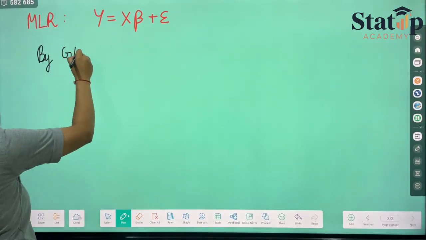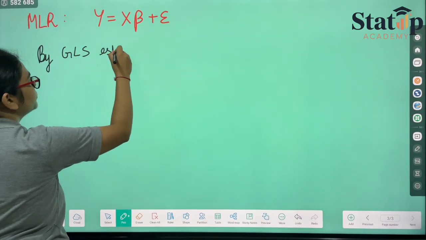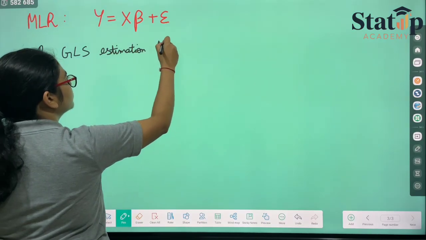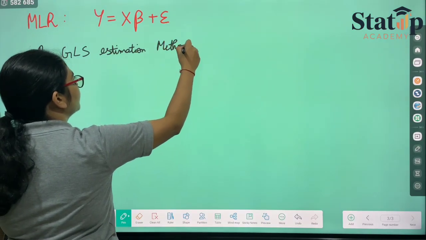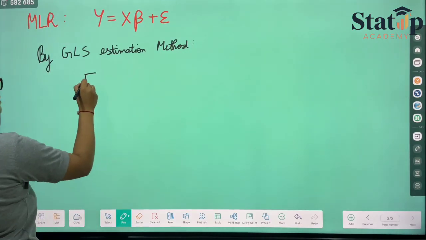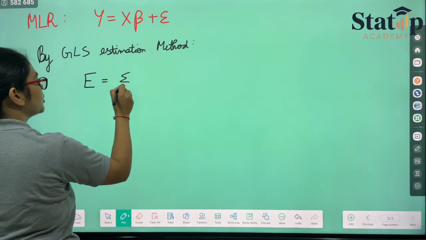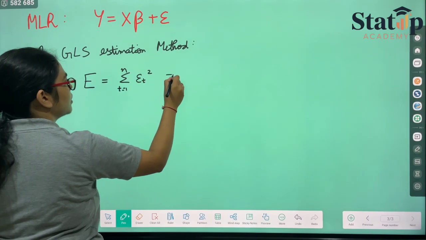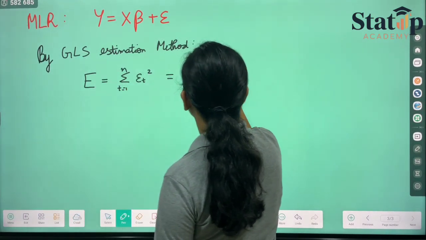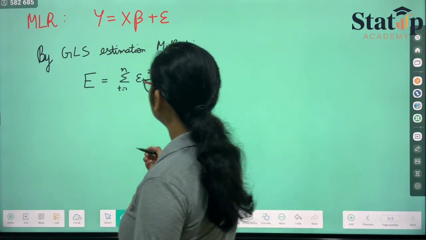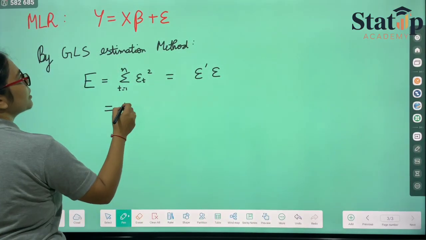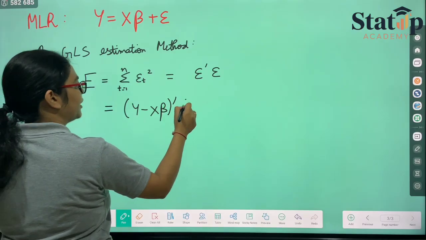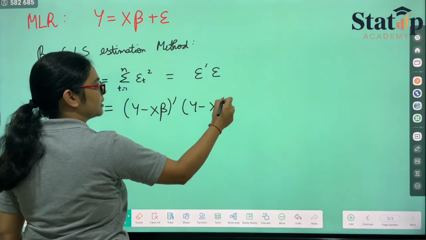By the GLS estimation method, again we know that E is nothing but summation t goes from 1 to n epsilon t whole square, and here we can write epsilon dash epsilon, and epsilon dash epsilon is nothing but (y minus x beta) dash into (y minus x beta).